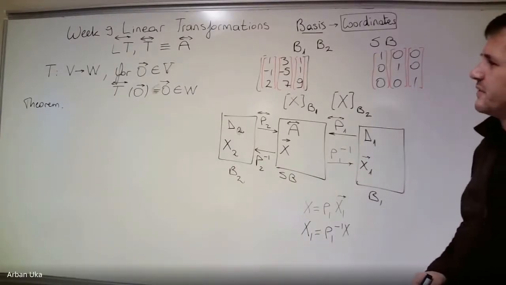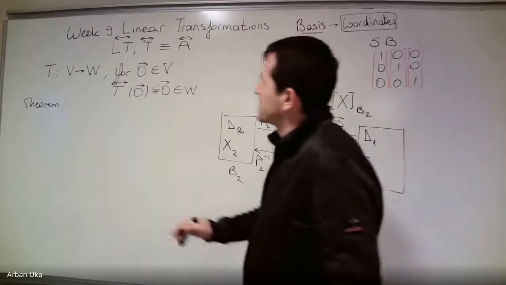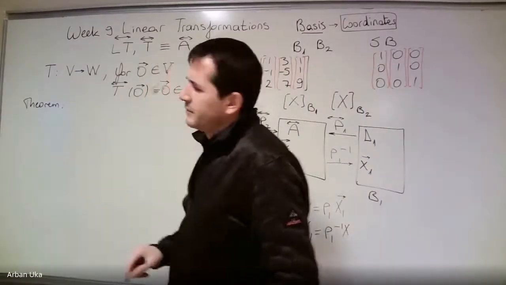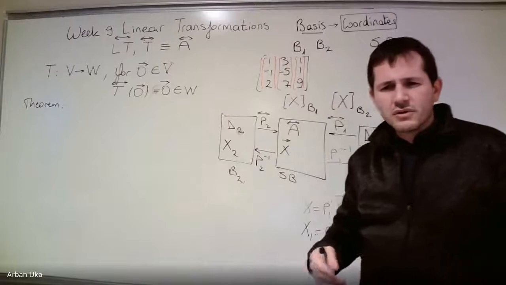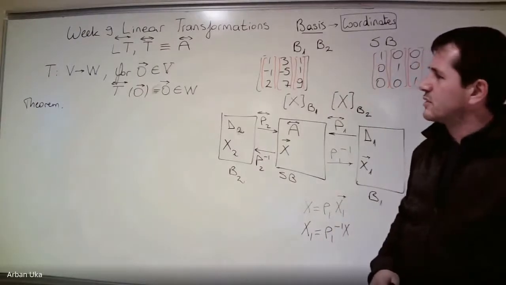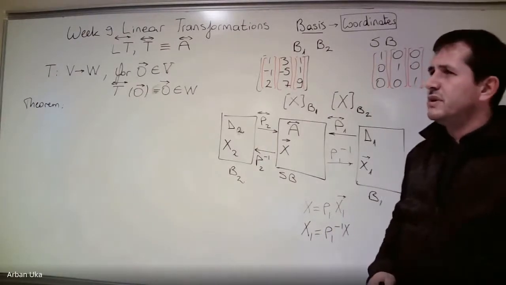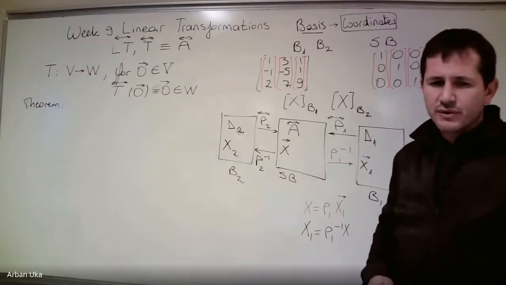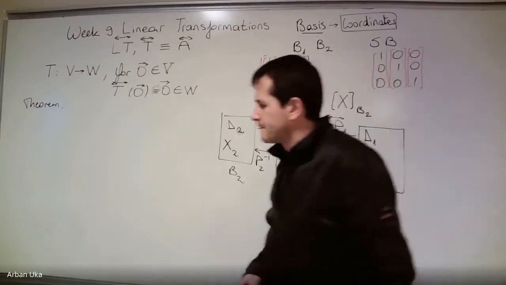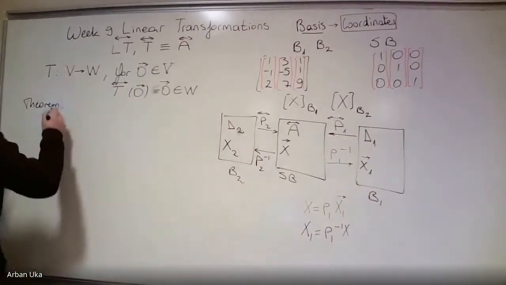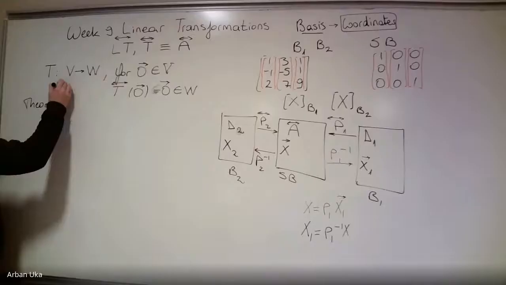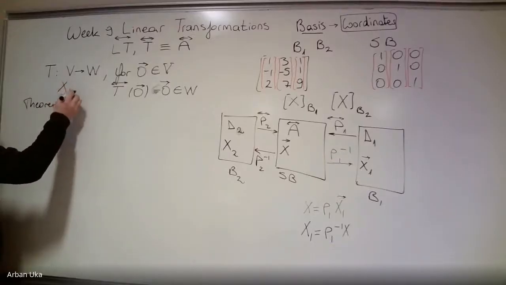Because these are vector spaces V and W, just to refresh the knowledge so that we don't get lost completely. What could V be? Give me one example for V. R squared. What if I call it this way?